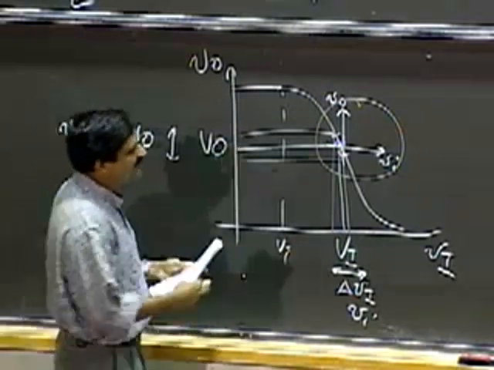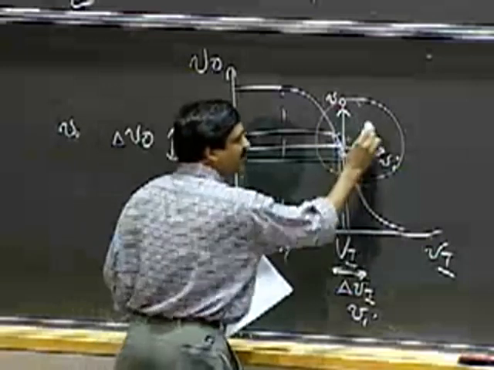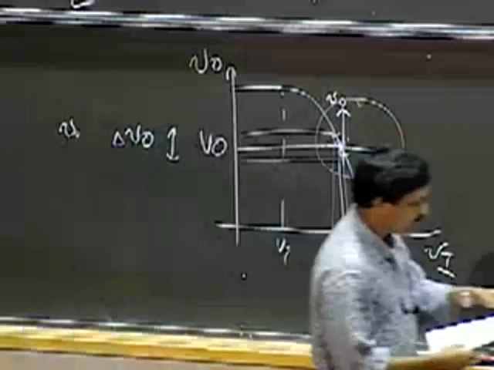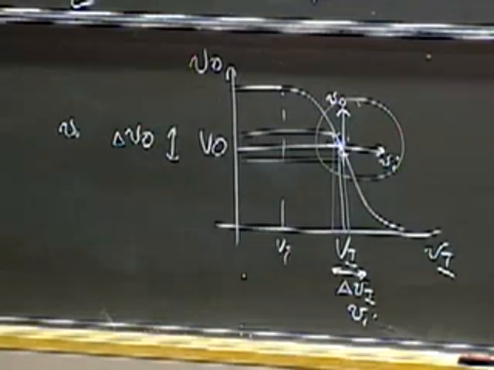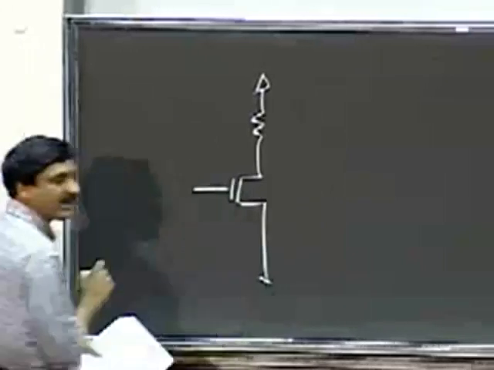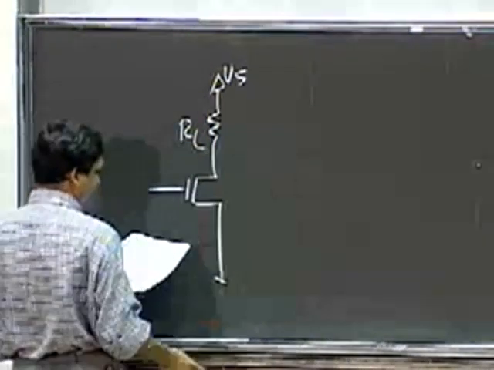Okay? So when I'm doing small signal analysis, I'm operating in this regime at some bias point. So you've also seen this before. How do I get a bias? So this is my amplifier, RL and VS. This is page 4.